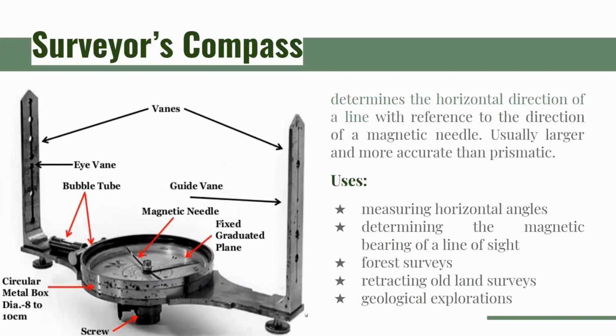A glass cover protects the needle and the graduated circle. It is used for measuring horizontal angles and for determining the magnetic bearing of a line of sight. It was popularly used earlier for running limited plane surveys of reasonable accuracy. Now, it is commonly used for forest surveys, in retracing old land surveys, and in geological explorations.